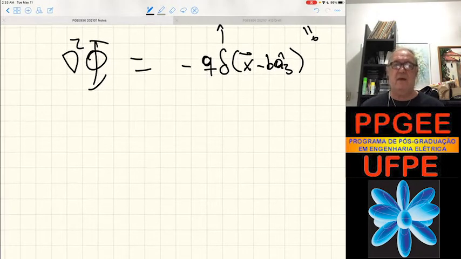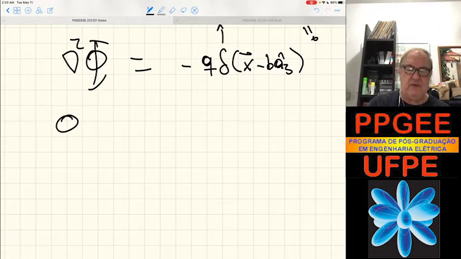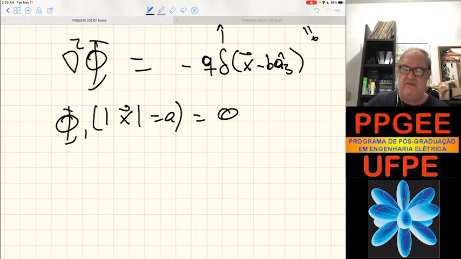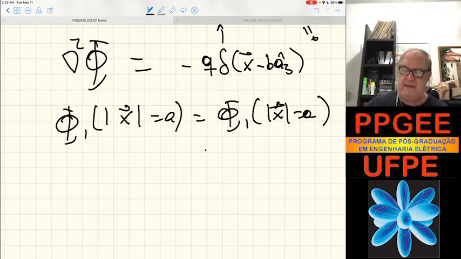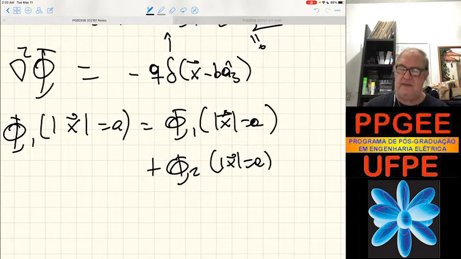Okay? What else? What is the solution at magnitude of x equals a? Well, it's going to be phi 1 at magnitude of x equals a plus phi 2. Well, this one is grounded.